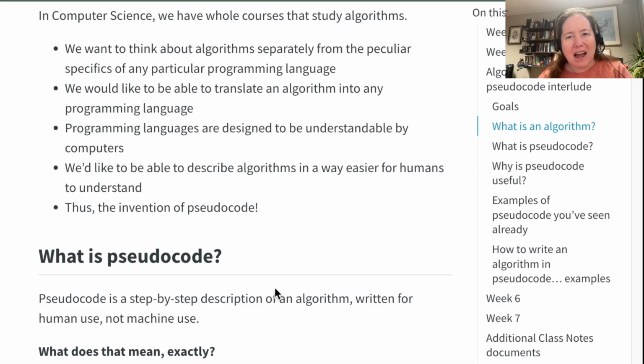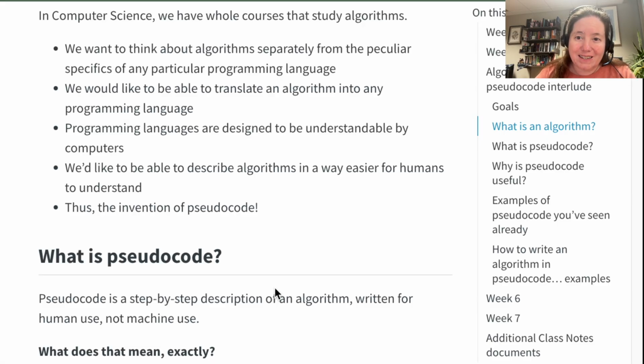It's not tied to those specifics of any one particular programming language. So one of our goals for having pseudocode is that we would like to not specify every process that we talk about in a specific programming language. We'd like to be able to do it in a form that's more generic, that could be applied to many different programming languages. And that gets to the second point here.